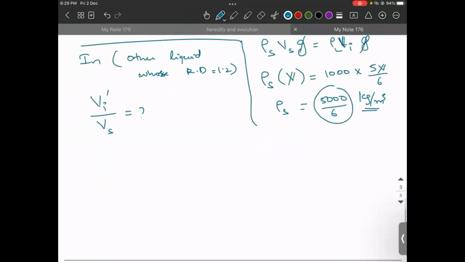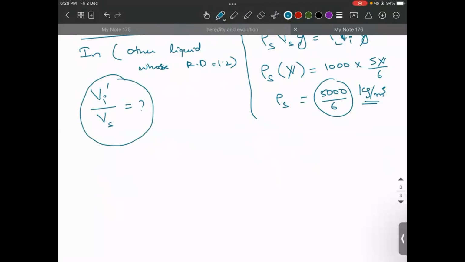Okay. Now the next question is, for me to calculate this value, can I write it as density of solid into volume of solid into g is equal to density of liquid into volume of immersed portion dash into g, and g and g will get cancelled.